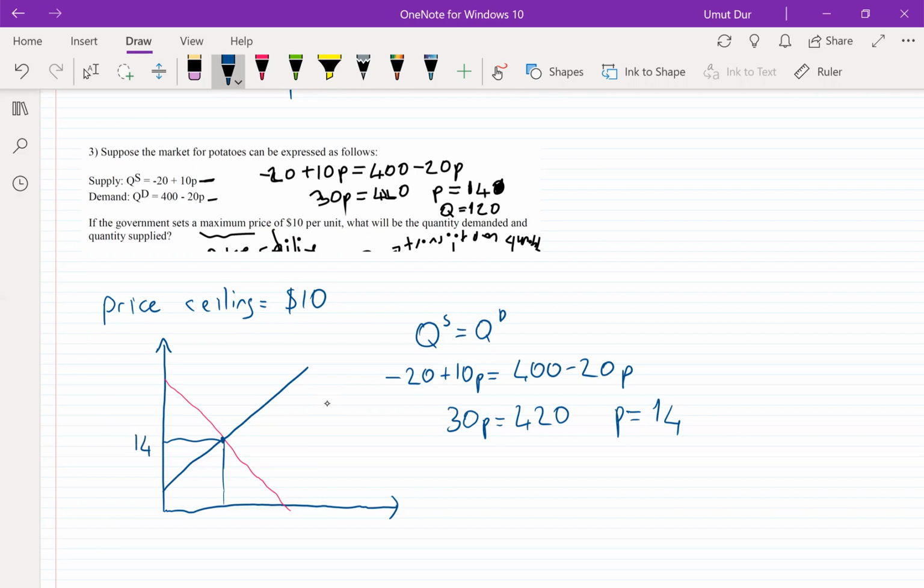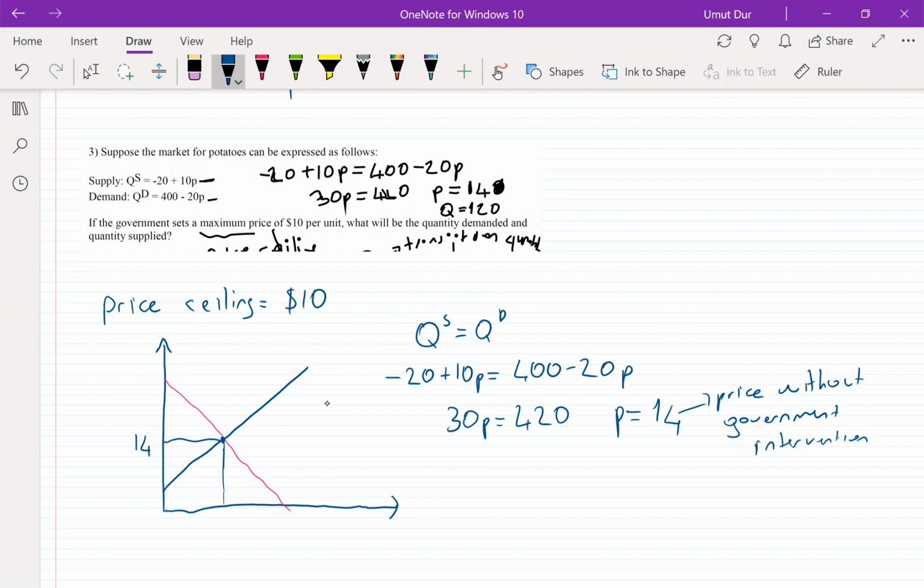So this is the price without government intervention. There is no price floor, there is no price ceiling.